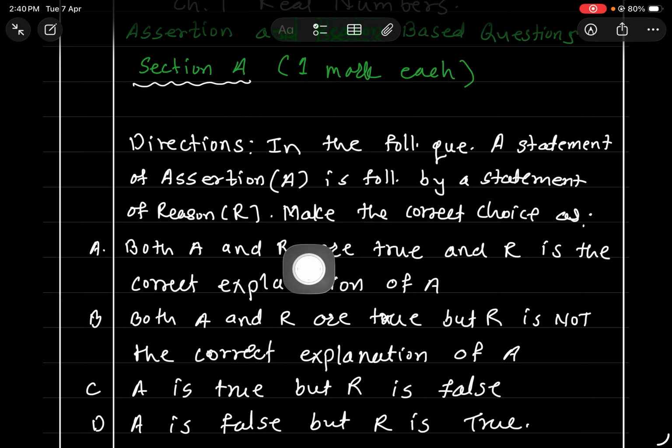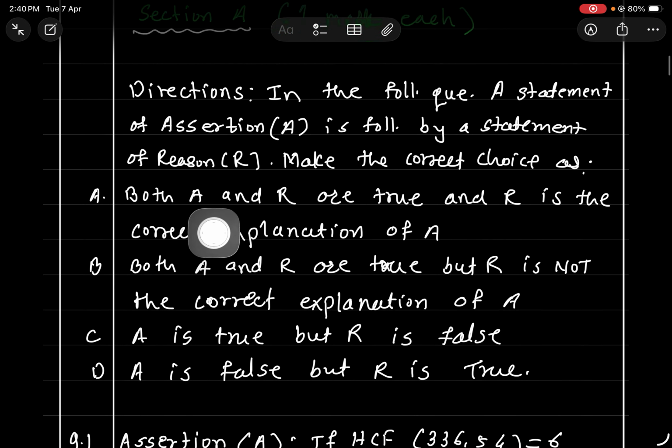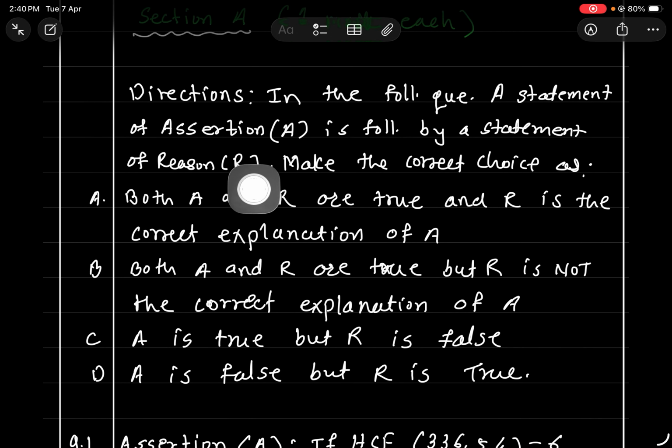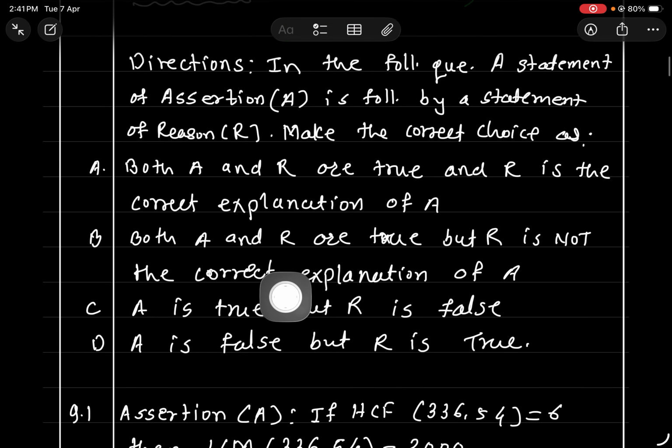So you have to read properly and remember that whenever this question is asked, the same description comes for A, B, C and D. You can see in the following questions, a statement of assertion A is followed by a statement of reason R. Assertion A is given and reason R is given, and we have to choose an option.